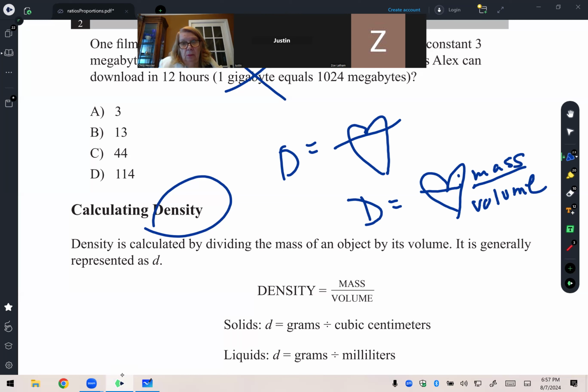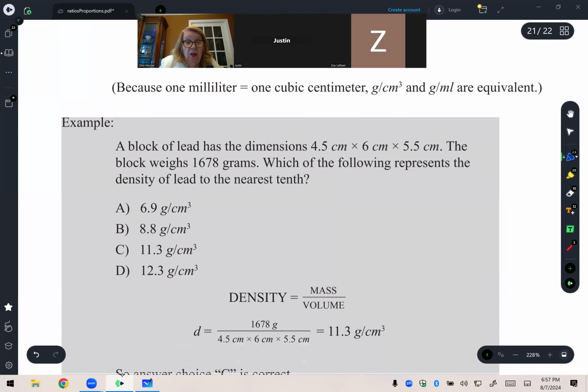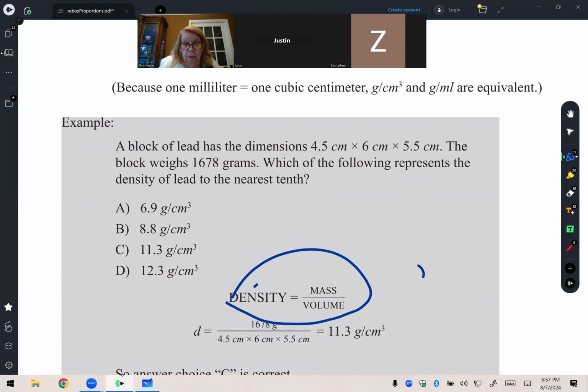They used to give this formula, but they don't. So we did one here, using that formula, mass over volume.